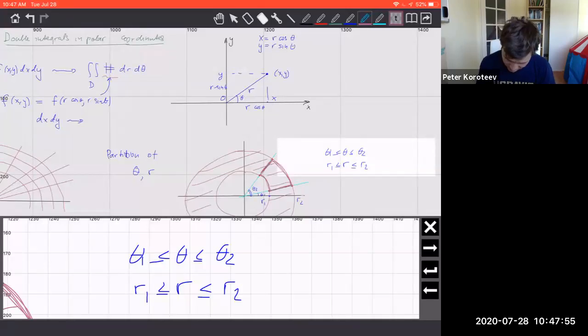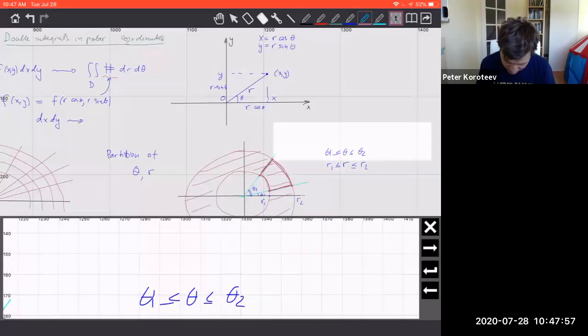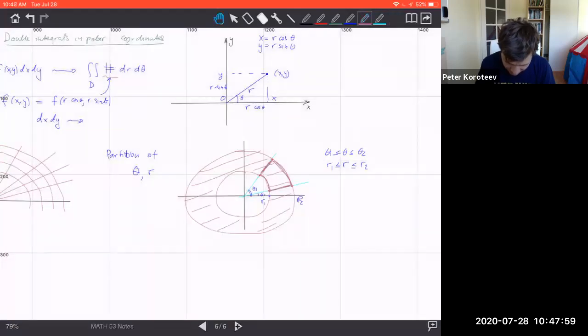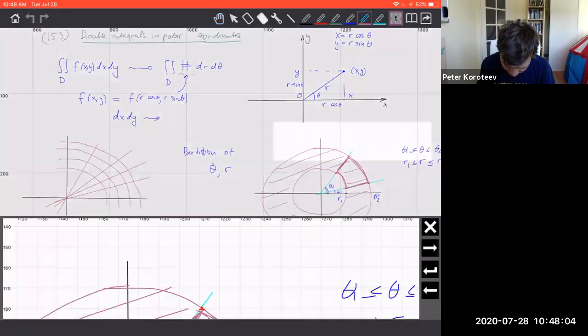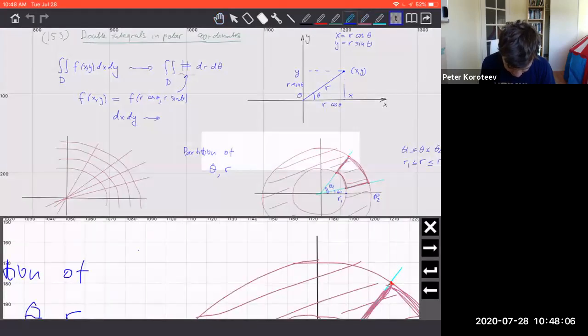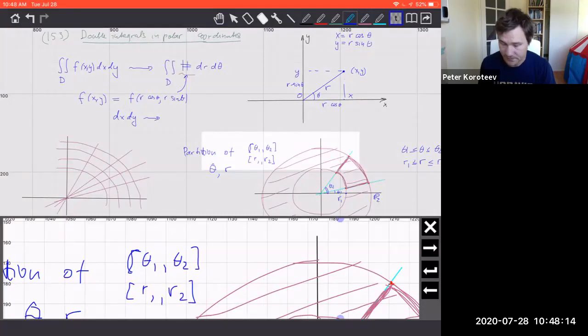Okay. Now, therefore, in order to integrate, we need to introduce the partition of what? Of two intervals, theta 1 to theta 2, and R1 and R2. And then that's how we do this partition here.